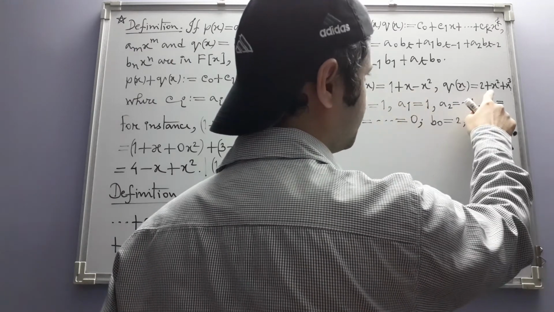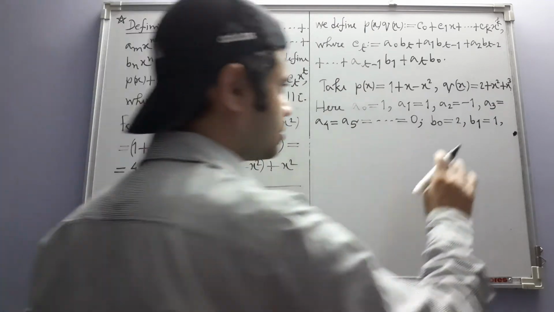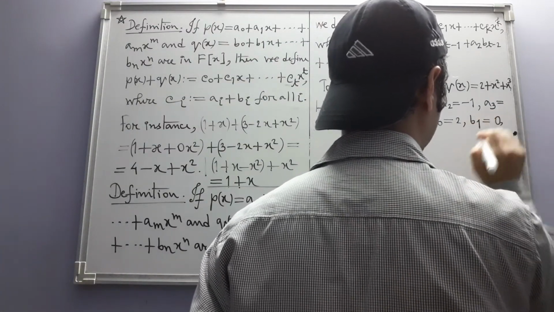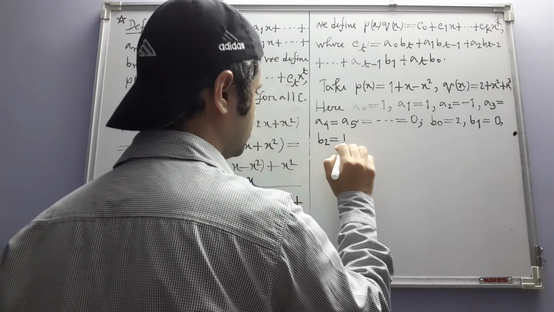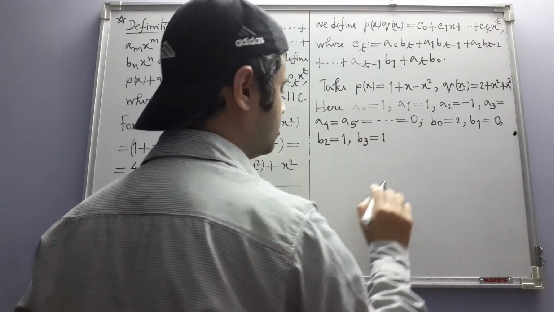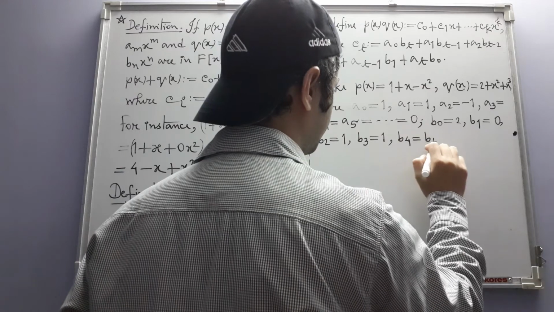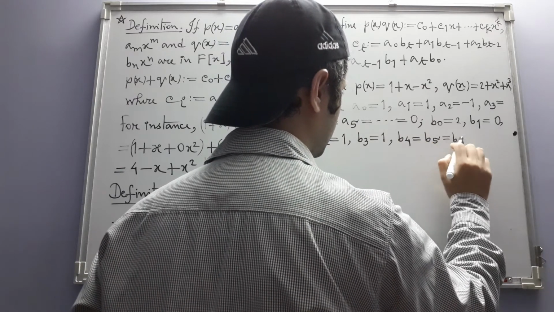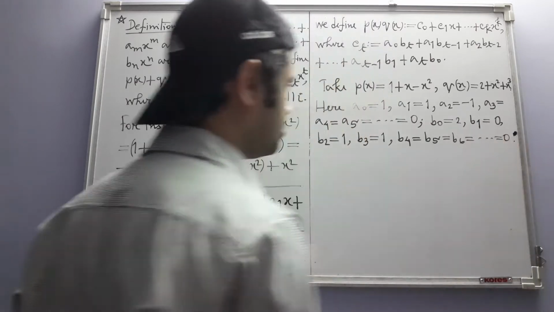Here however x appears with coefficient 0, so b1 will be 0, b2 will be 1, and so is b3, b4, b5, b6, these all the other coefficients are equal to 0.